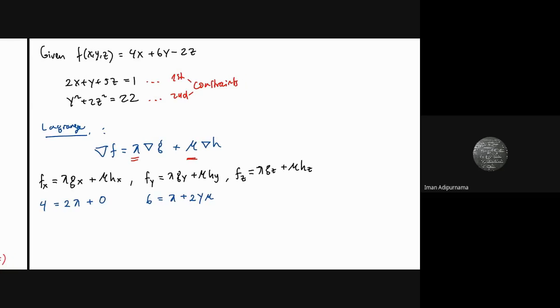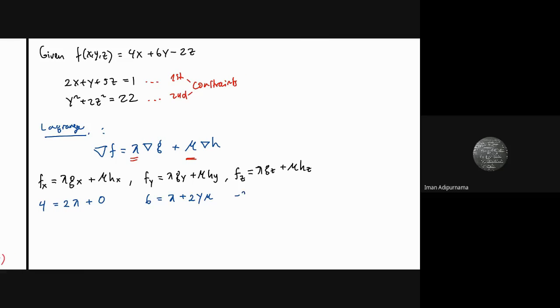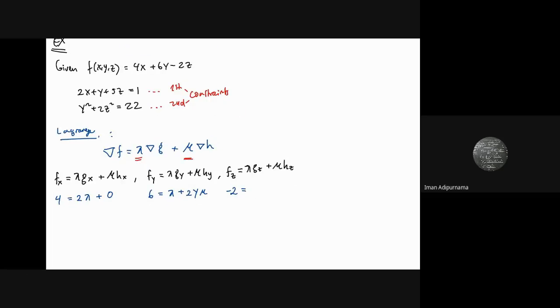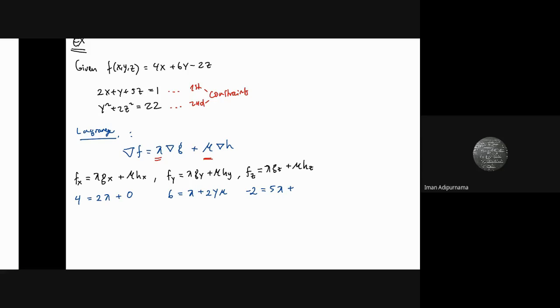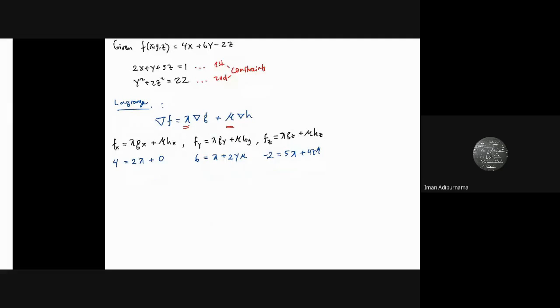And for the z, this is -2 and then 5 lambda plus 4z mu. Now we have these three equations.